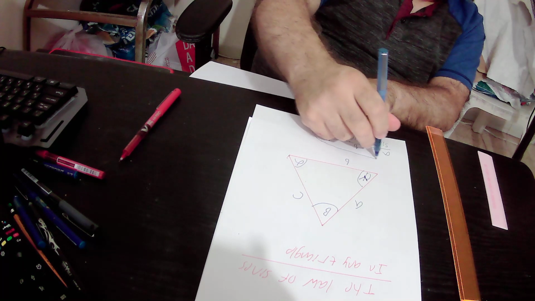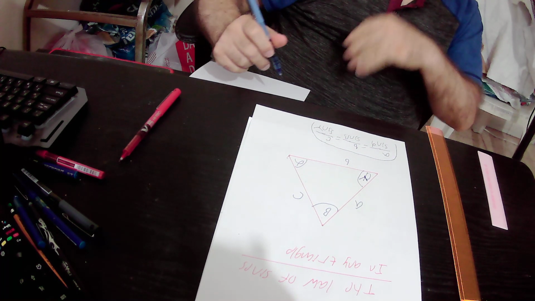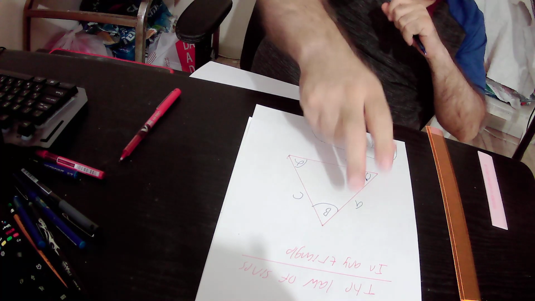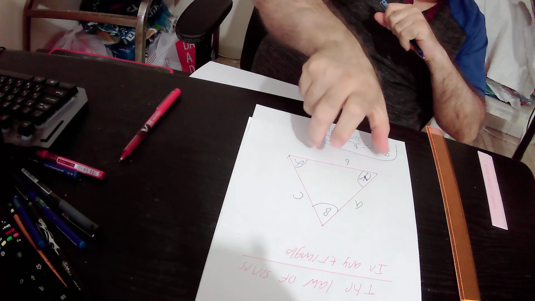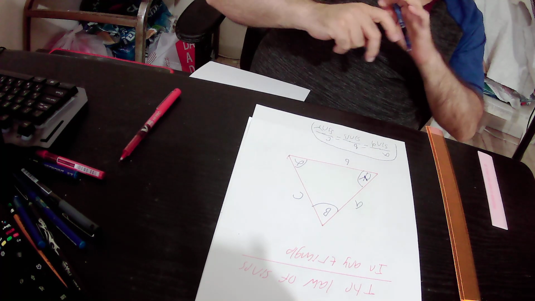Okay, and it applies to any triangle. Again, A over sinus alpha equals B over sinus beta equals C over sinus gamma.